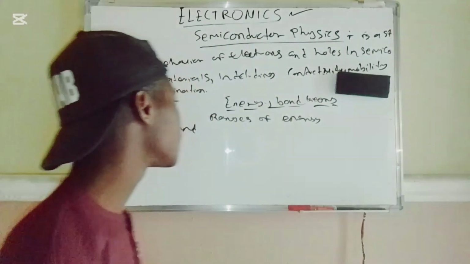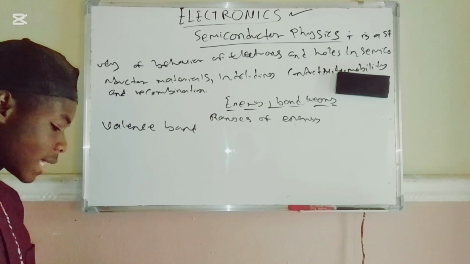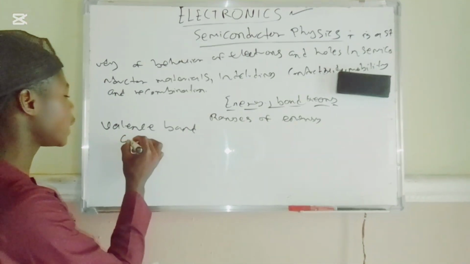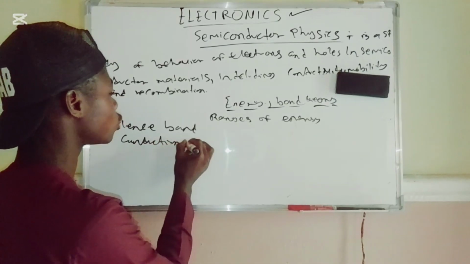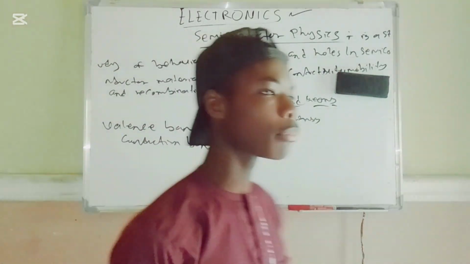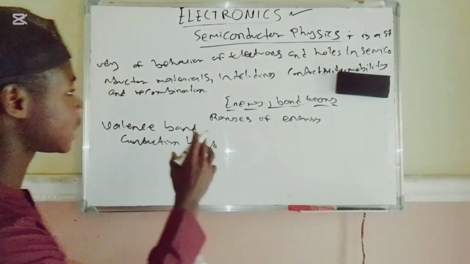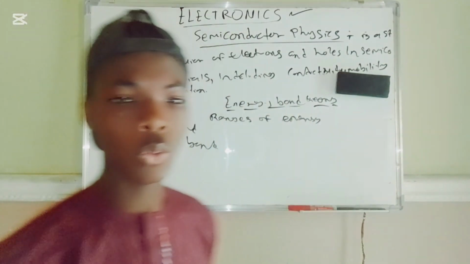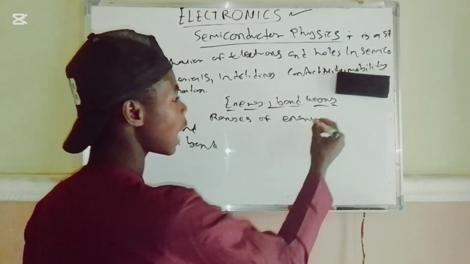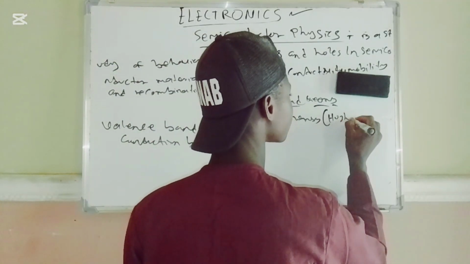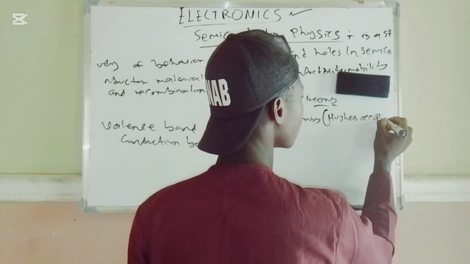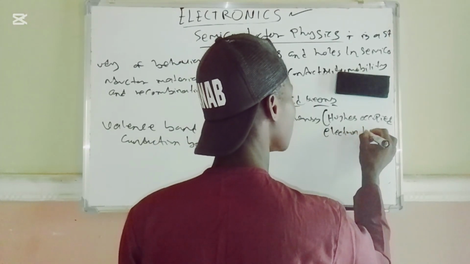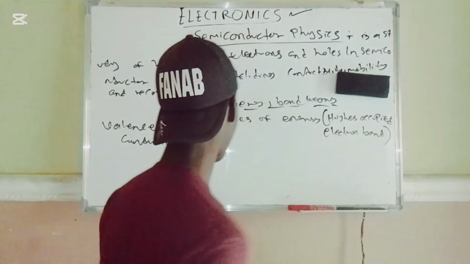The next thing I want you to know is the conduction band. But you have to know that the energy band, it says that it is the highest occupied electron band.